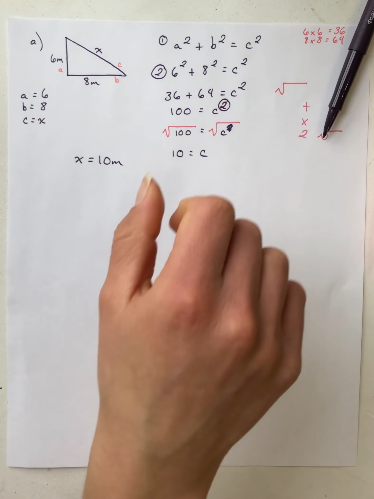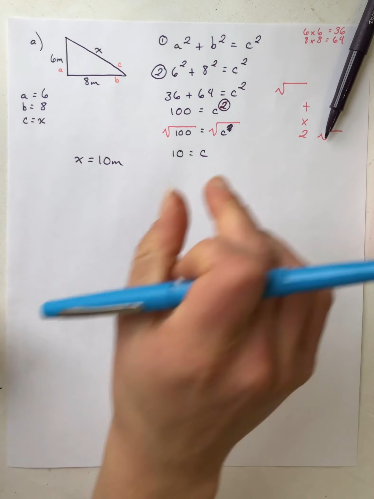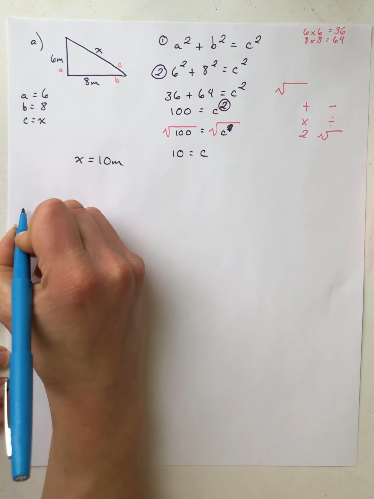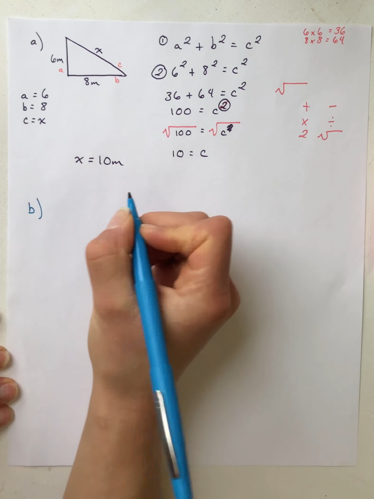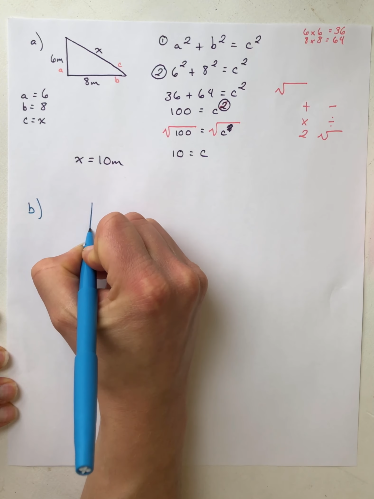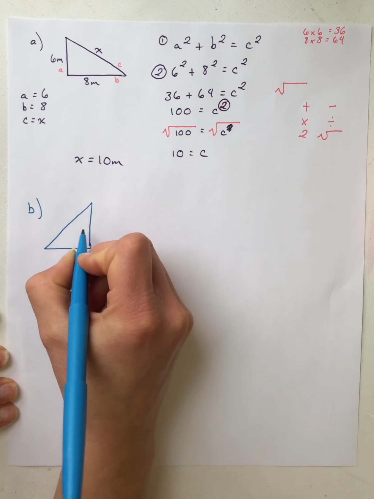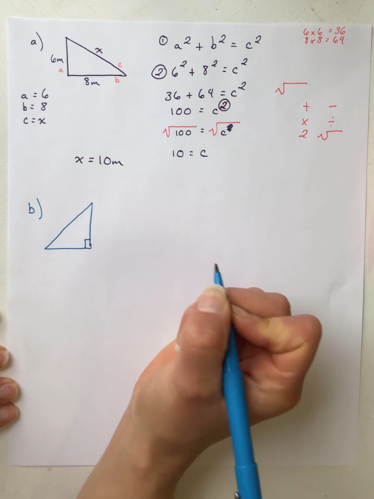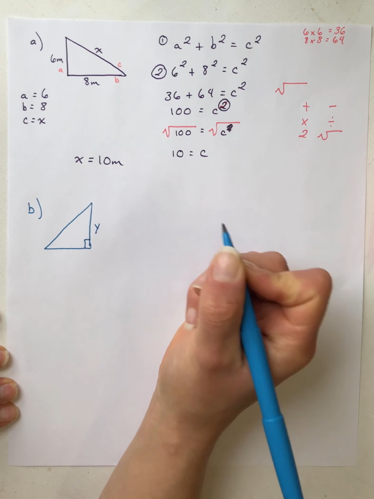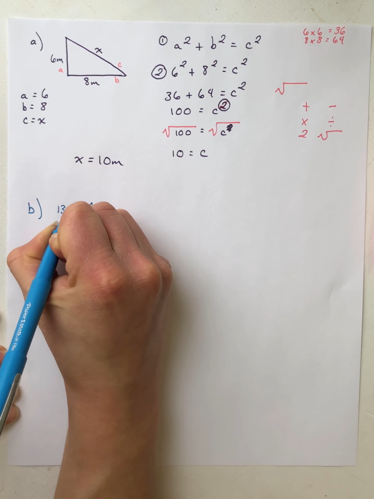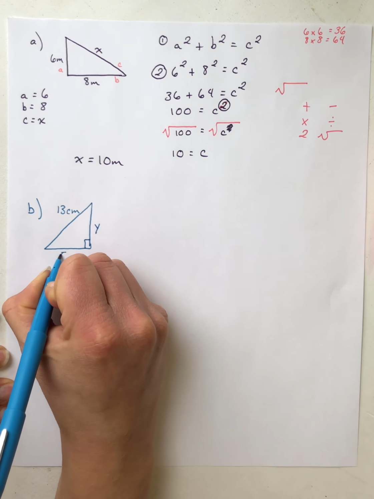And so now we're going to do b. Okay, so b is going to be a little bit different. So we're going to have to rearrange the equation. So if we take a look at b, okay, we are going to draw it. This is a right angle. We have our y here, our 13 centimeters on this side, and our 5 centimeters here.